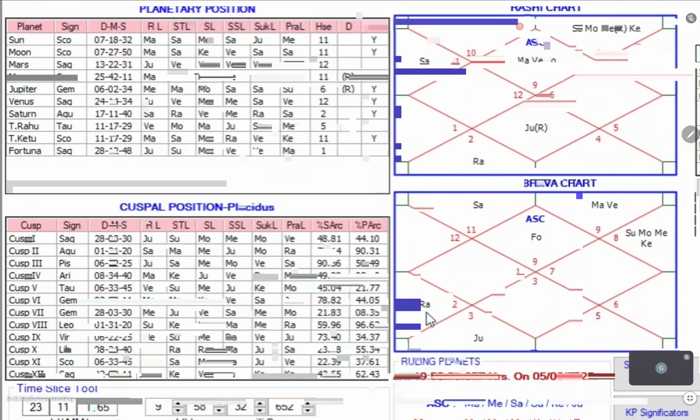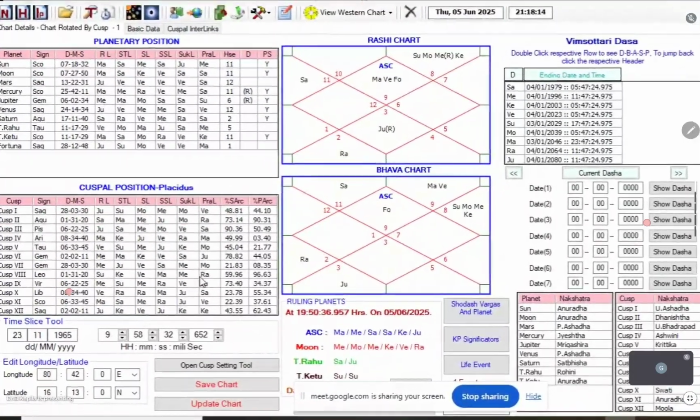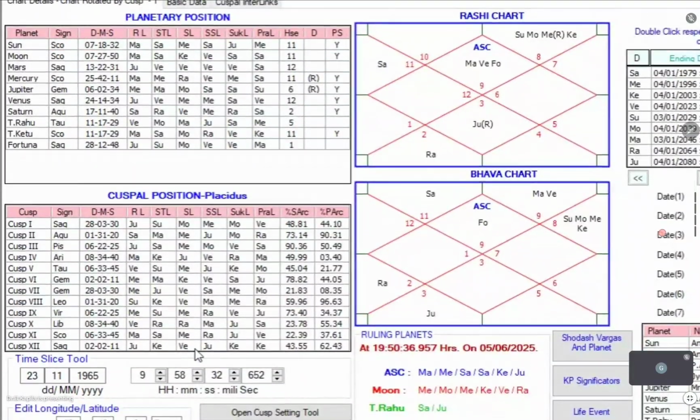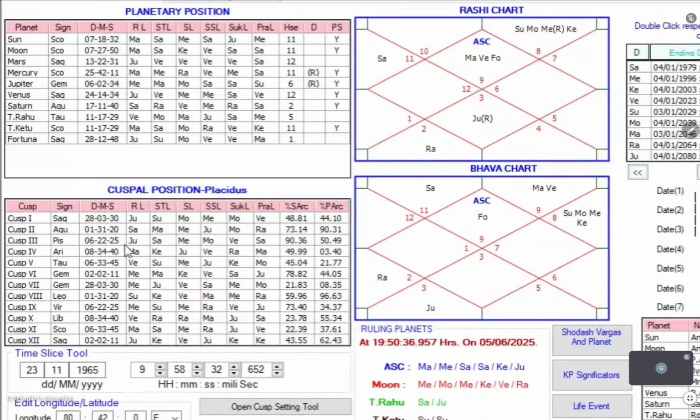See, its linking to 8 and 12 is important. Then the progressed ascendant sign lord should be present, should be a co-ruler of the ascendant or the eighth cusp of the relative whose death has happened. And if it satisfies these conditions, then you justify the event of the death.